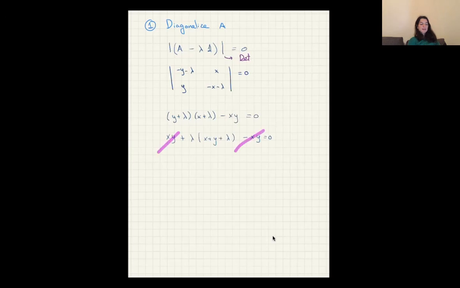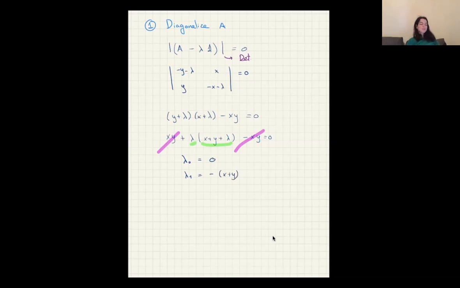Check, check. And this gives us two solutions, right? Either this is 0 or this whole thing is 0. So the first eigenvalue is lambda_0 equals 0, and the second eigenvalue is going to be minus (x plus y). That's right. Good.